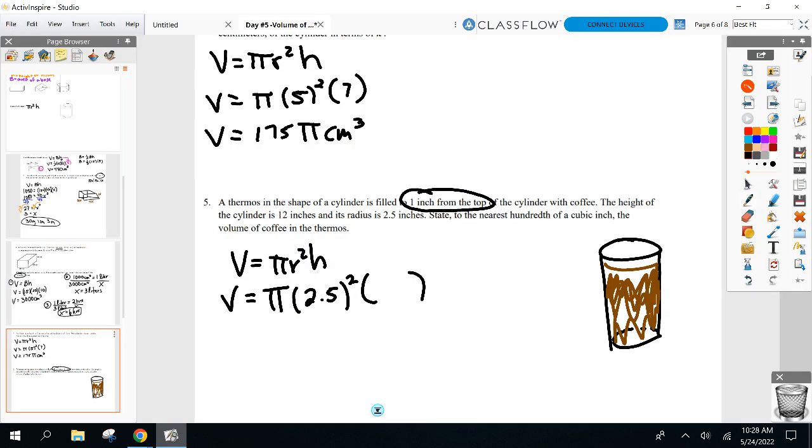11, right? 12 minus 1, so I'm going to put in 11. Not too tricky, but just had to pay attention. 1 inch from the top. And we do have rounding directions. Ooh, 100th. This is a good one.